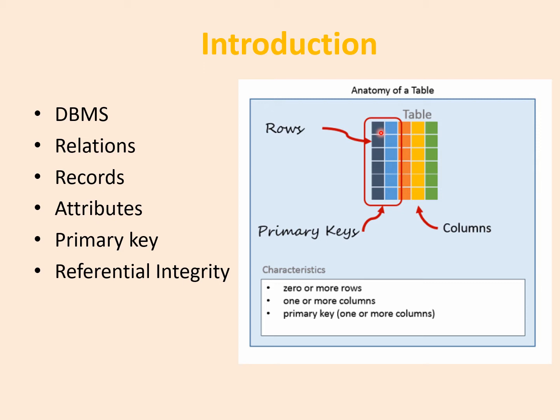It is used for selecting a record uniquely from the table. Then another integrity constraint that can be mentioned with the table is referential integrity. Referential integrity means it is the concept of introducing a foreign key. The primary key of one table can be associated as the foreign key of another table.